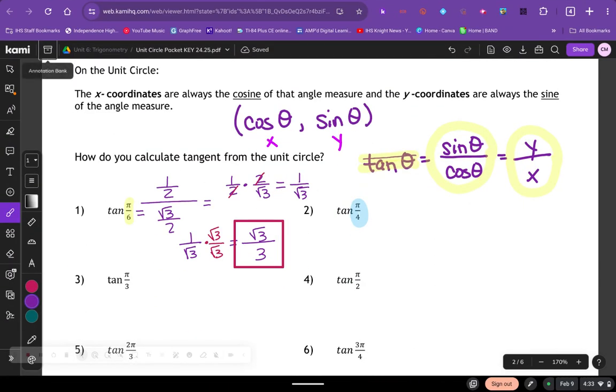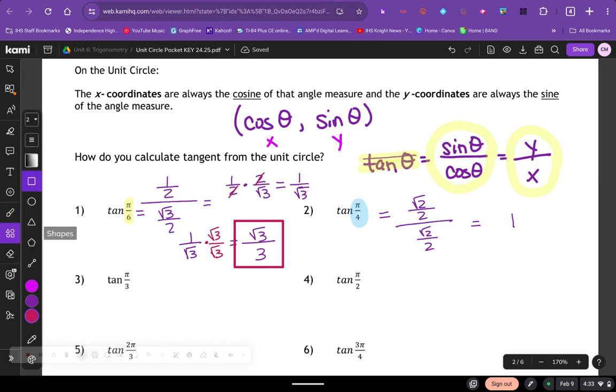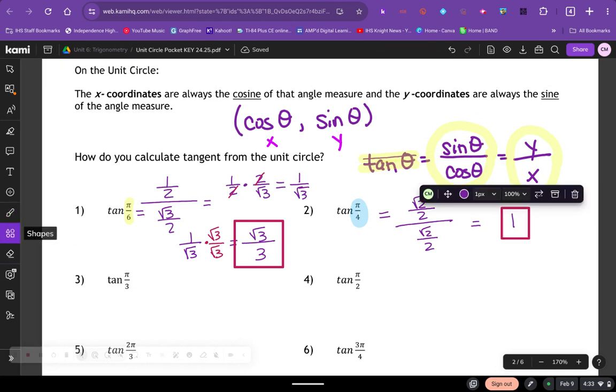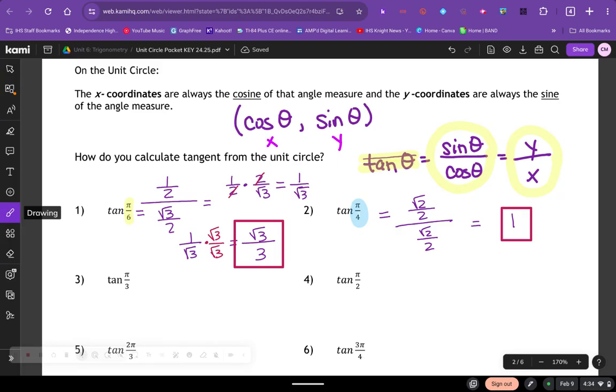That's kind of a good thing, because that's going to mean less work for me. So it means it's square root of 2 over 2 in the numerator as well as in the denominator. It's the exact same fraction on the top and the bottom. So if I'm dividing something by its exact self, that will always be equal to 1. So the tangent at pi over 4 is equal to 1.